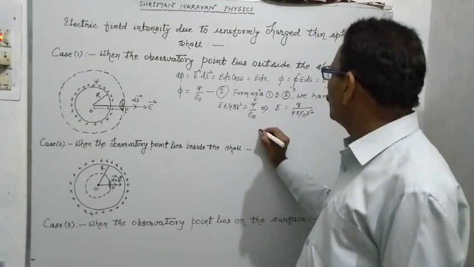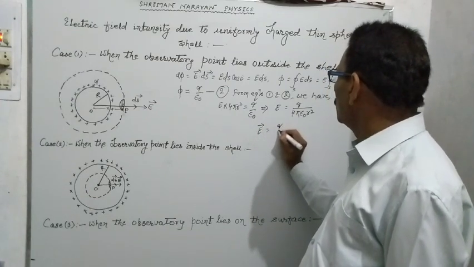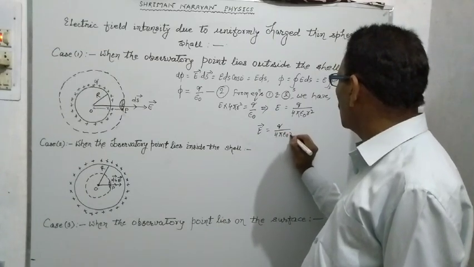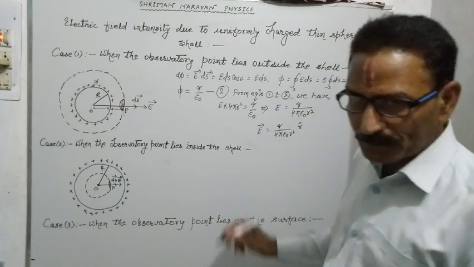In vector form you can write this relation as vector E equals q by 4 pi epsilon naught r squared into unit vector r.